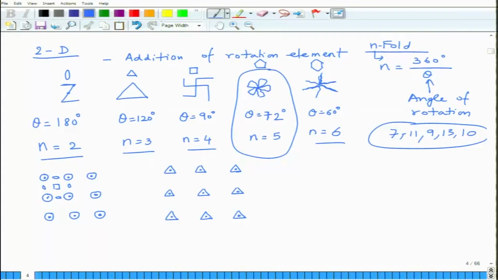So, I have changed the motif now. Does it have 4-fold or 2-fold symmetry? It does not have 2-fold? No. It has no 4-fold.